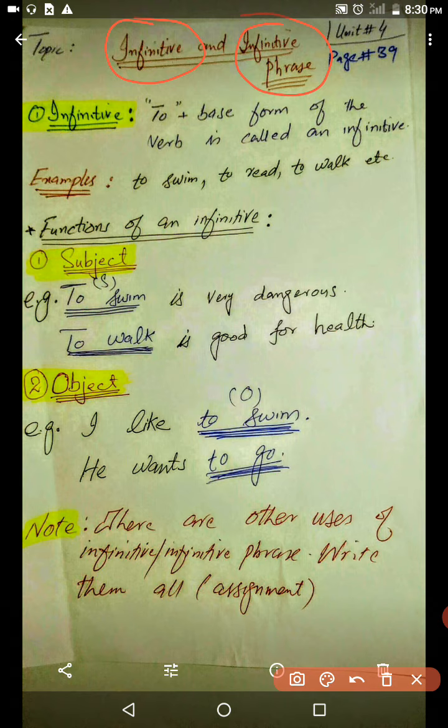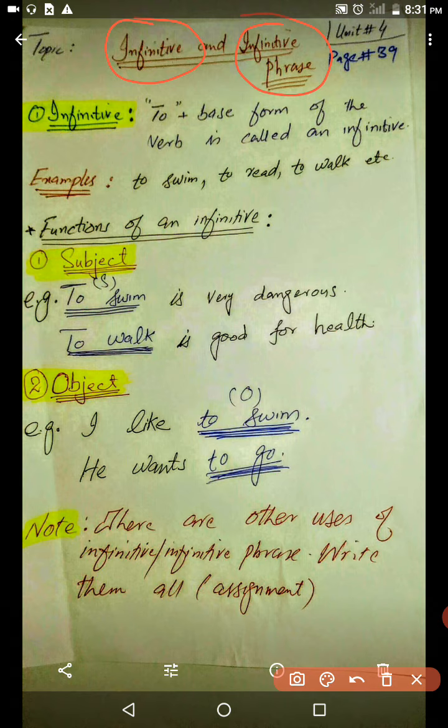The third one is, what are the functions of an infinitive? And fourth one, what is an infinitive phrase? And the fifth one, what are the functions of an infinitive phrase? So we will be going to address these questions during our lecture.